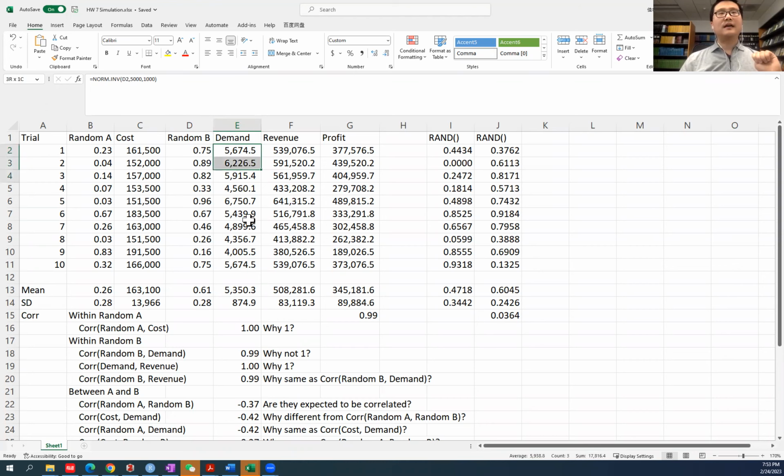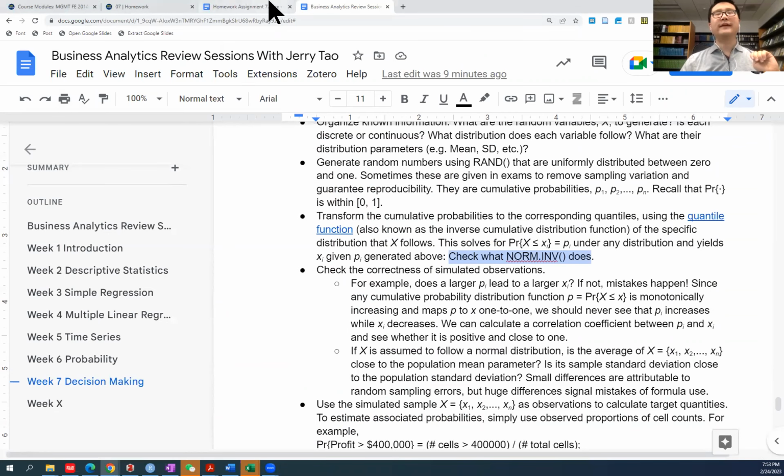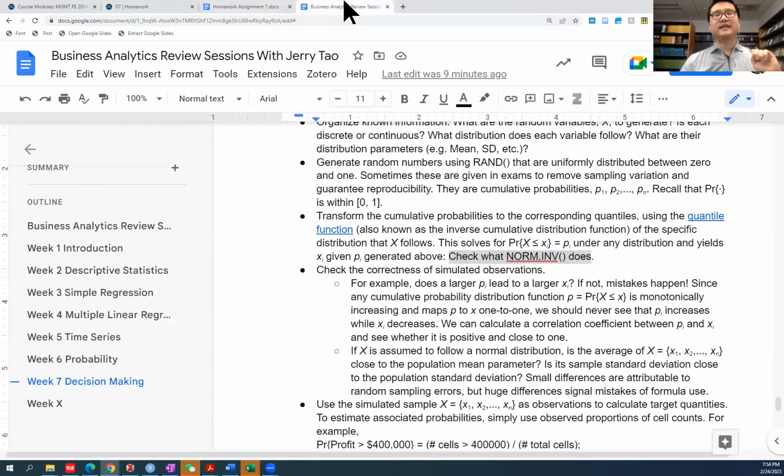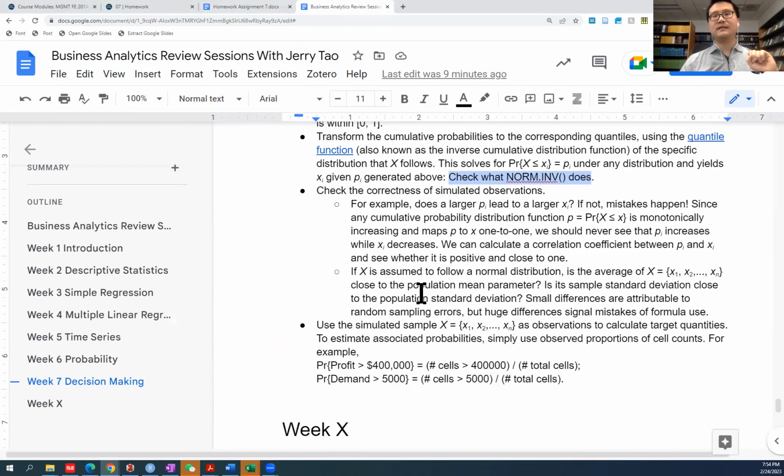Then we have a column of demand. Notice that this average shows here. Oh, okay, I also calculated it in the cell. It's 5,350. It's pretty close to the given information saying that the population has a mean of 5,000. This is also a checkpoint to see how our simulation is.